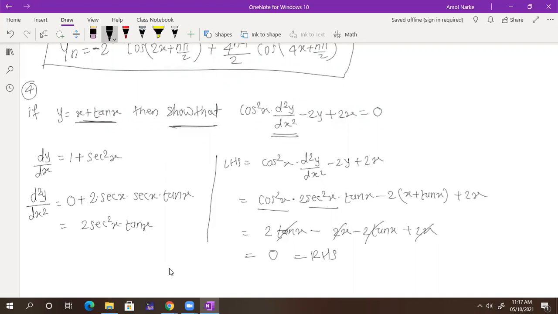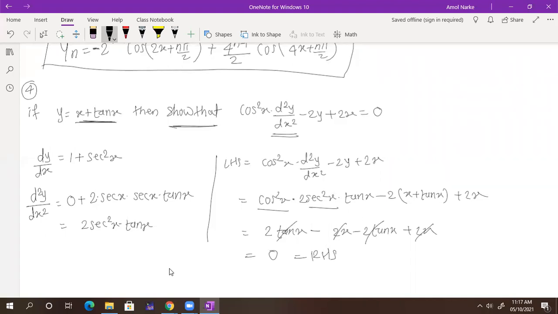This kind of example is for MCQ. Now I'm going to ask you, if y is equal to x plus tan x, then show which of the following statements is true.